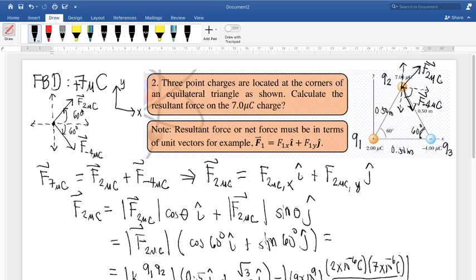Okay, so kung counterclockwise, positive imong theta. But kung clockwise, negative imong theta. So here, in order to stick with cosine theta as your x and sine theta as your y, we have to stick with this convention. But if ever nga di mo ganan ana, you can use also the SOHCAHTOA.